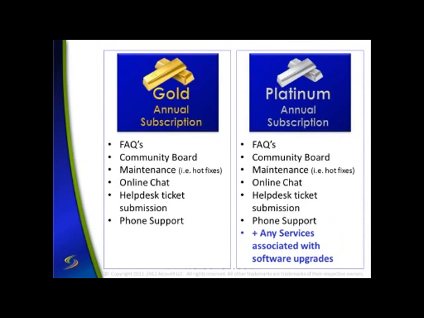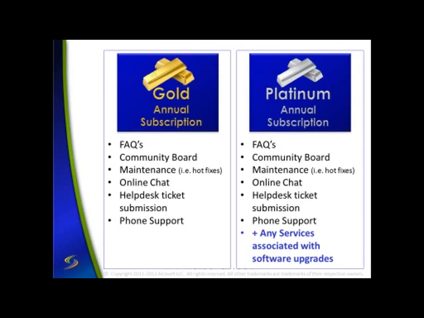The two options that we have in terms of support subscription are Gold and Platinum. The Gold contains the frequently asked questions section on our community board, a knowledge-based type community board that has answers to a lot of questions and a lot of other situations that we came across or your fellow users of the Alcove9 suite of products have come across.